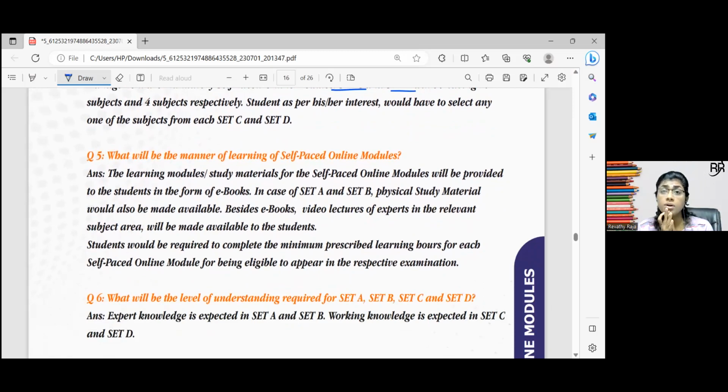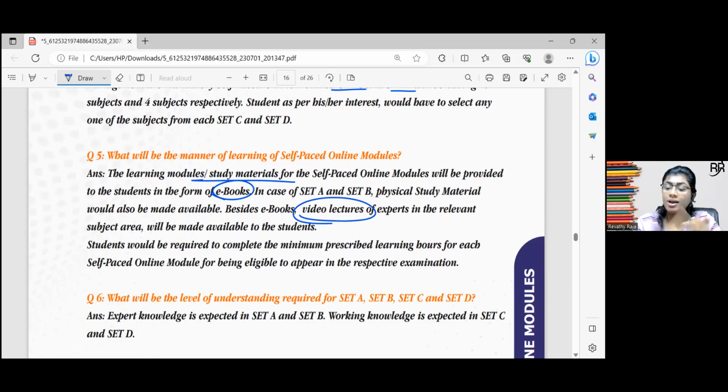Now, how will we learn the self-paced online modules? Basically, ICAI is saying learning materials will be provided in the form of ebooks. ICAI will provide you ebooks, and not only ebooks, video lectures will also be made available to the students.